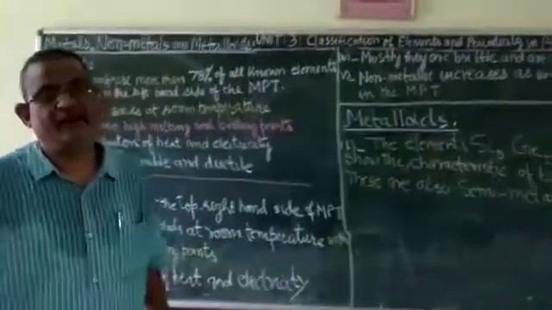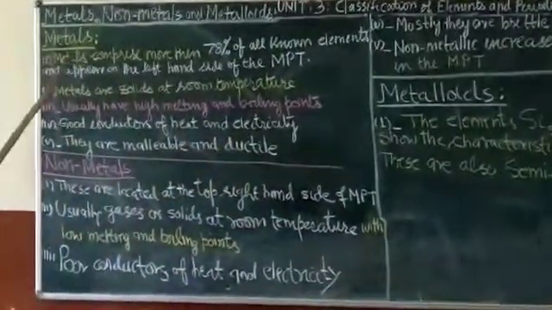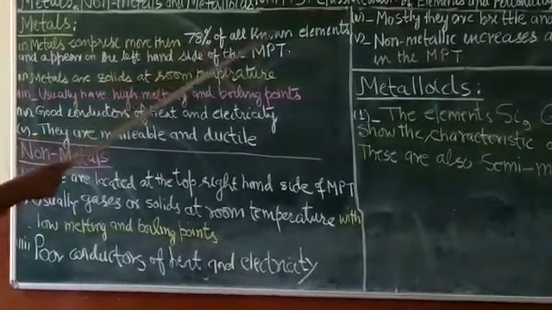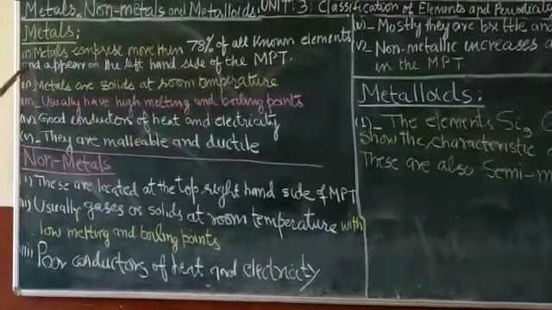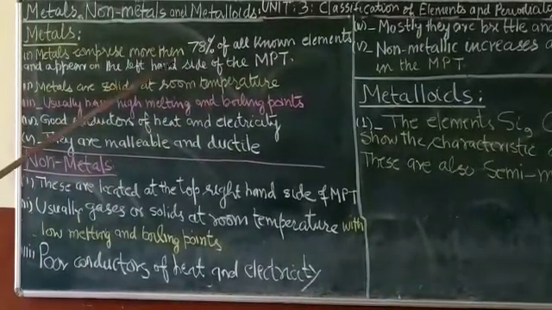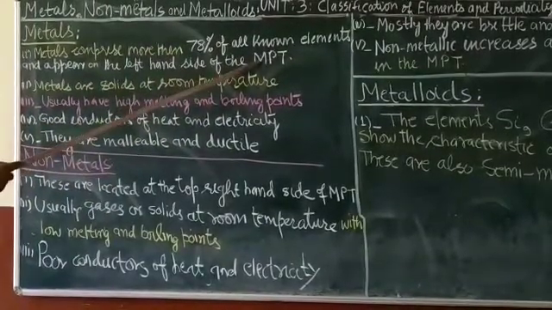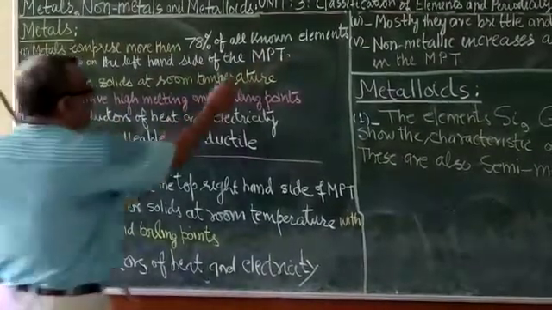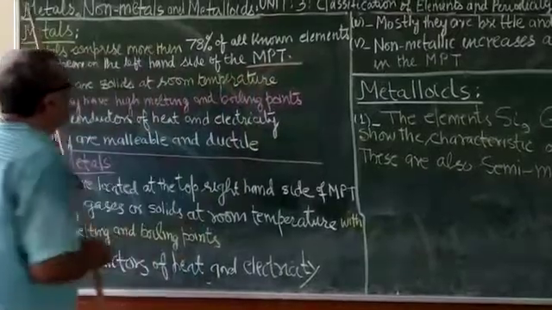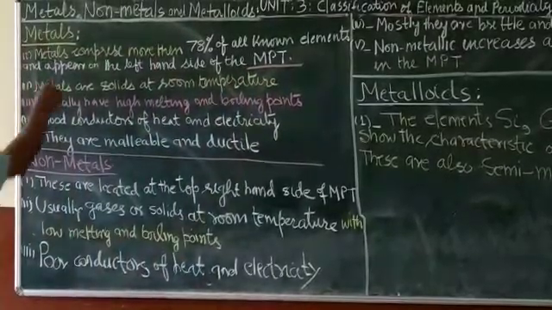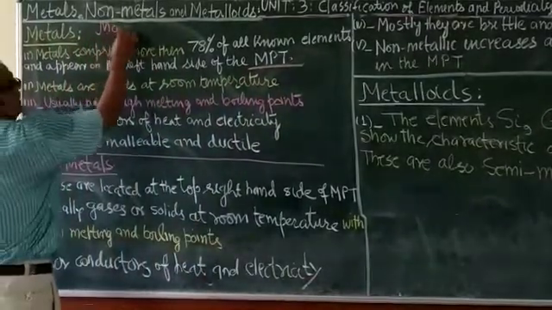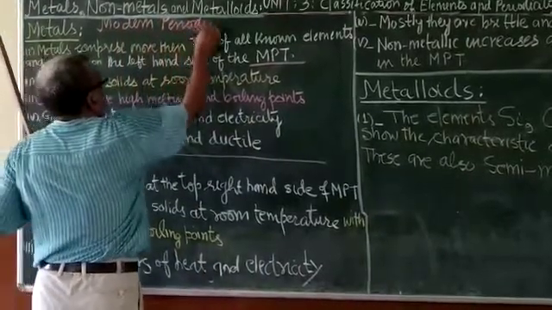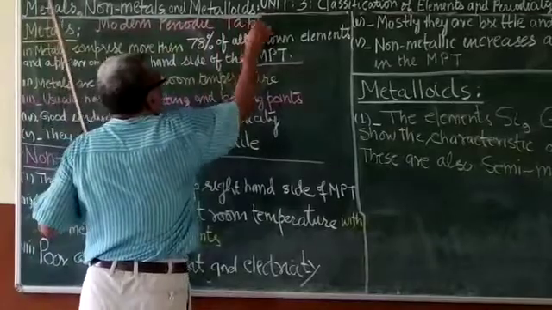What are metals? Number one, metals comprise more than 78% of all known elements and appear on the left hand side of the modern periodic table. I have written here MPT. By MPT, I mean modern periodic table.